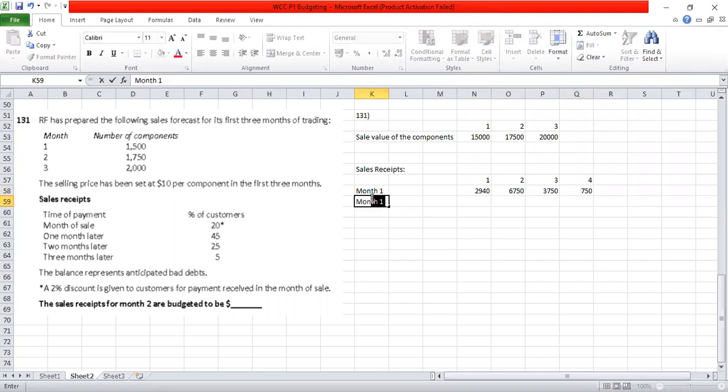Then let's calculate it for month 2. Because the question is asking only till month 2, maybe we just have to calculate it only till here.